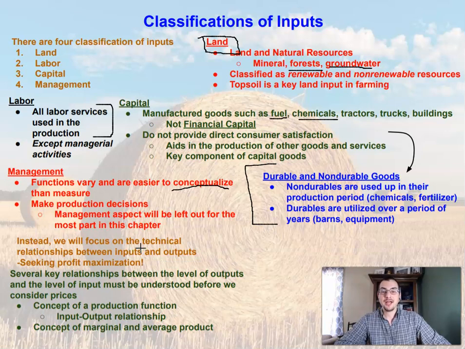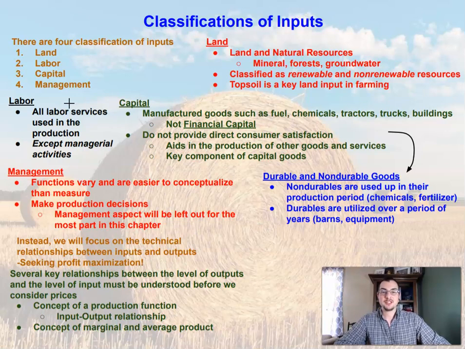Instead, we're going to focus on the technical relationship between inputs and outputs. So what is the ideal amount of inputs that we should use while we're seeking this profit maximization standpoint? So we're going to be looking at the technical relationships rather than the managerial decisions.